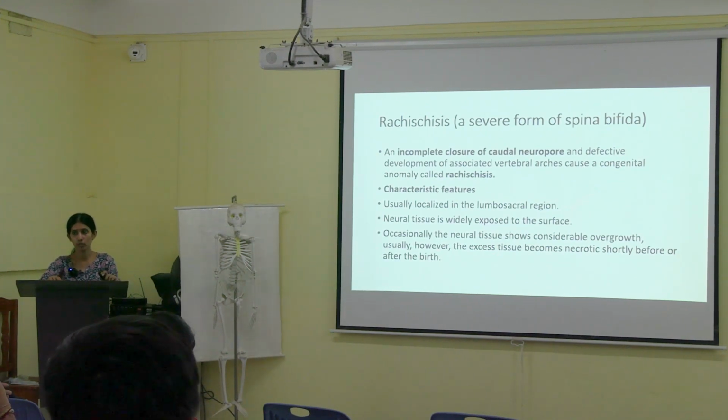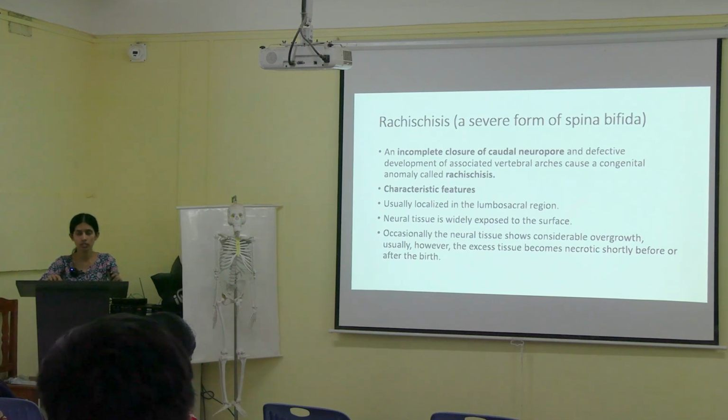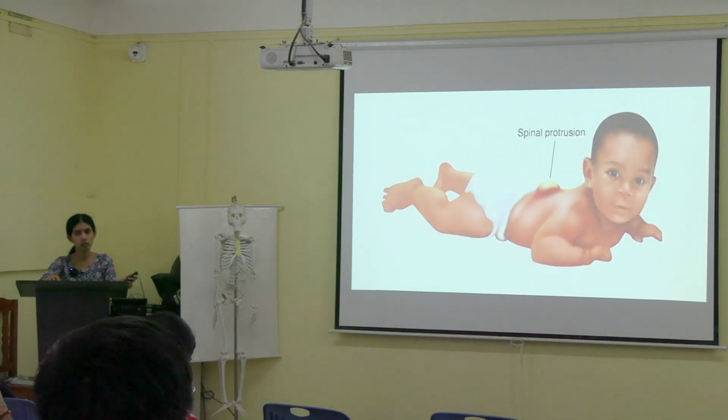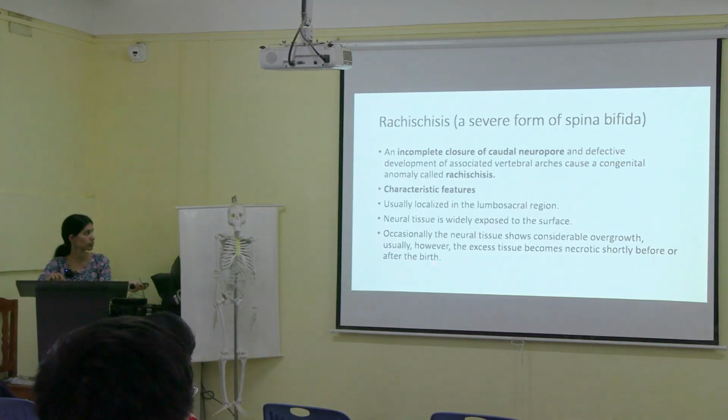What do you mean by necrosis or necrotic condition? Death of the tissues or cells is referred to as necrosis. So this is how a baby suffering from Rachischisis will appear. This mass is nothing but your neural tissue cells.